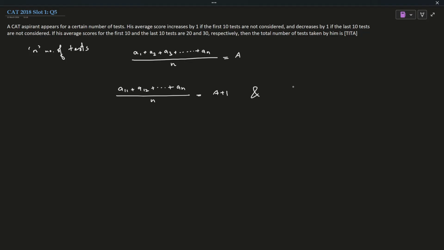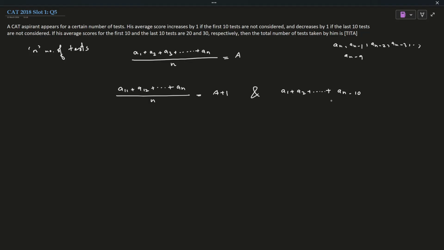And if I do not consider the last 10 tests, so a1 plus a2 plus dot dot dot plus, till where will I get this, right? We are not considering an minus 1, an minus 2, an minus 3, like that till an minus 9. There are 10 here. These are the last 10, so it will be up to an minus 10.